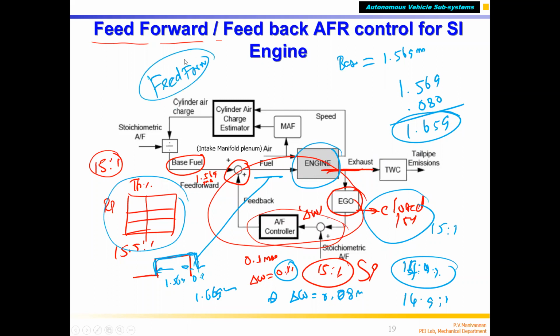A feed forward controller is an open loop controller. Based on engine speed and throttle position, we select the base fuel injection, which is already stored. Then that much fuel is injected into the engine. Then the actual air-fuel ratio is measured. If it is lean or rich, the closed loop controller will add or subtract.